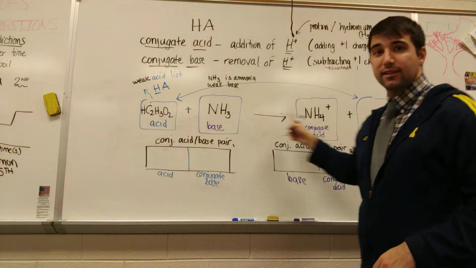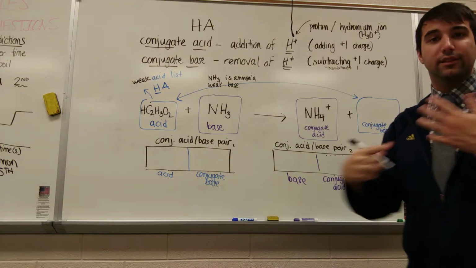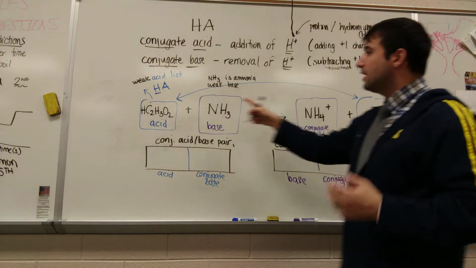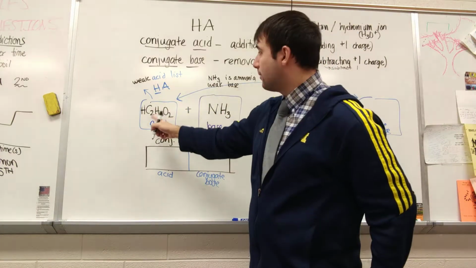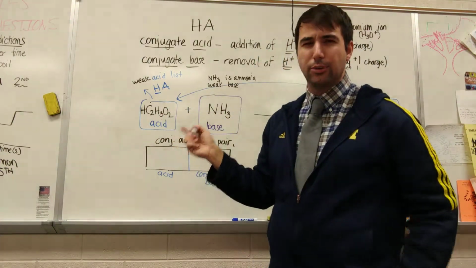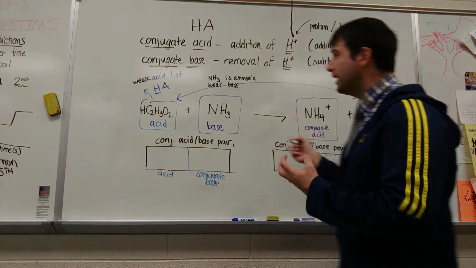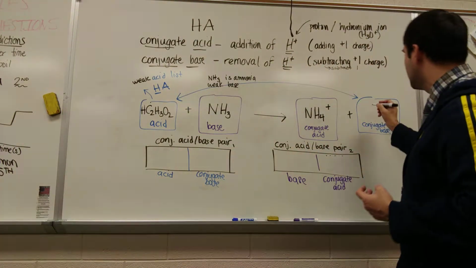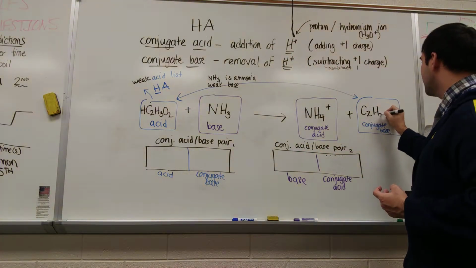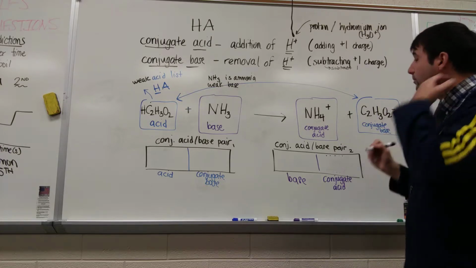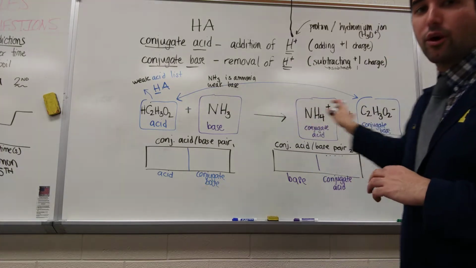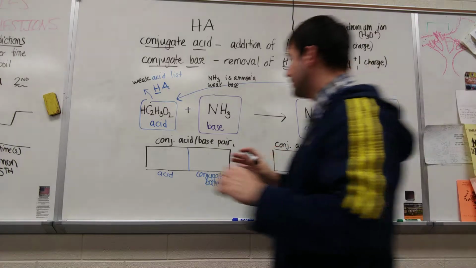This is my base, and this is my conjugate acid, so I'm writing this a little bit differently. And if this is my acid, my HC2H3O2, if I want to write this as my conjugate base, I'm removing that H. And I'm going to get C2H3O2 minus. And I've already color-coded them and put them in the boxes.